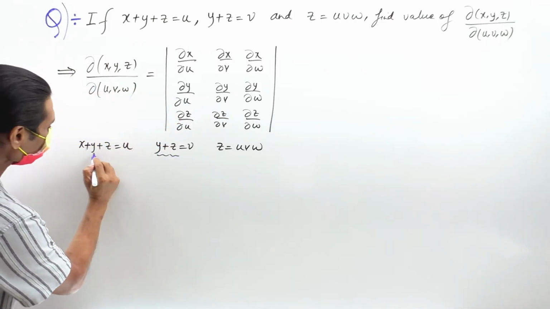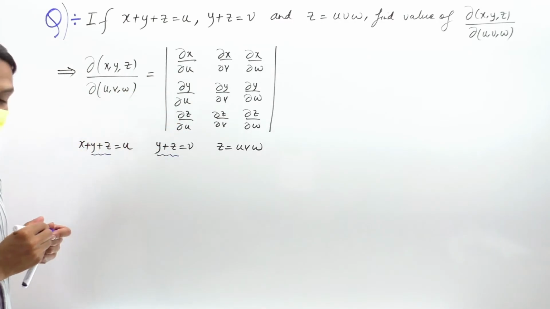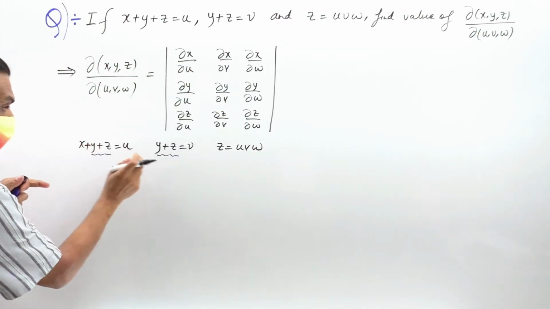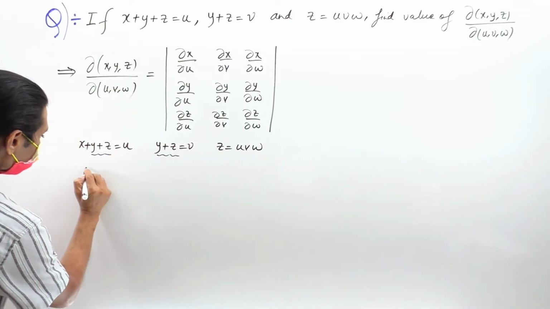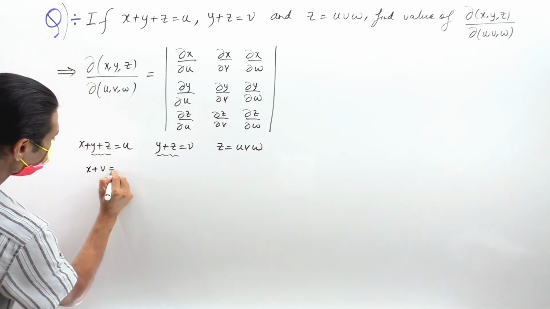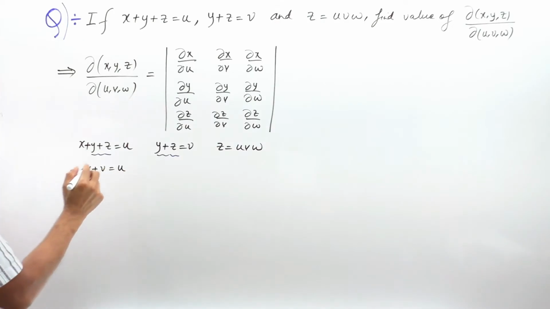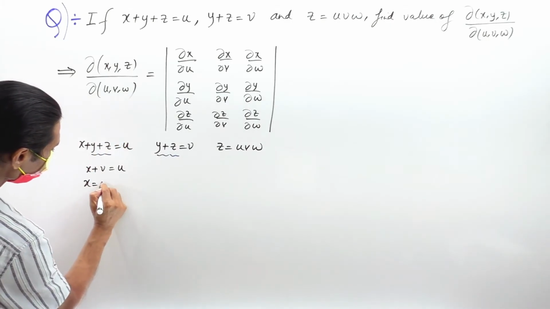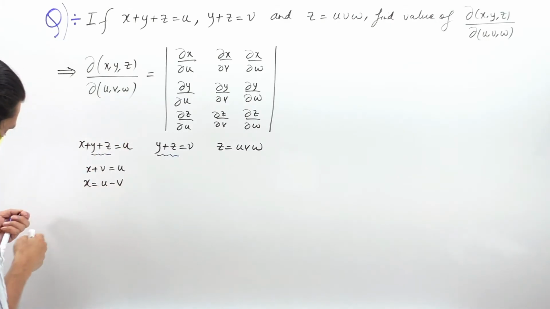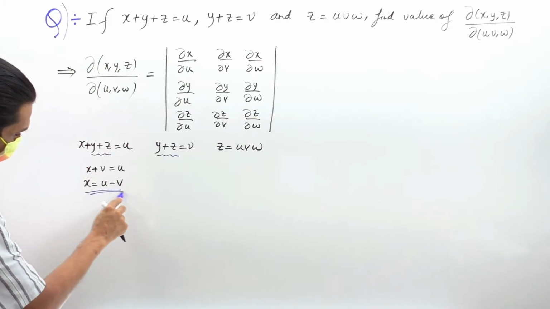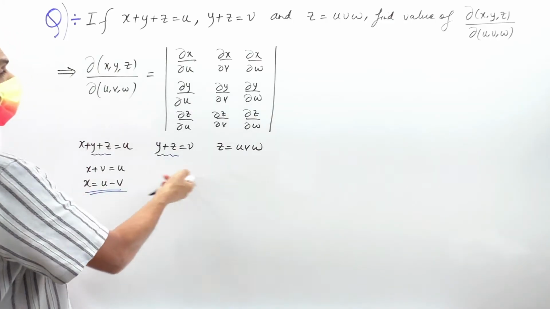V. I will put it here. Getting it? So if you put y plus z as v, then x plus v is equal to u. Correct? That means x is equal to u minus v. So I have found x in terms of u and v.